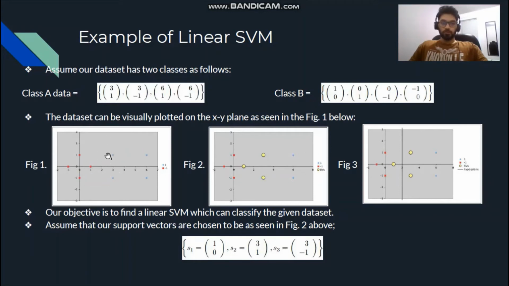Just by visual inspection, we can see that the dataset is linearly separable, so we can draw a linear hyperplane which can classify both these classes. For that purpose, we choose the three support vectors around this hyperplane, represented by the yellow data points, and those are (1,0), (3,1), and (3,-1).